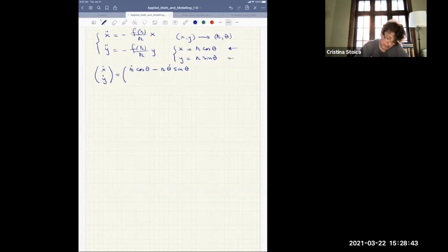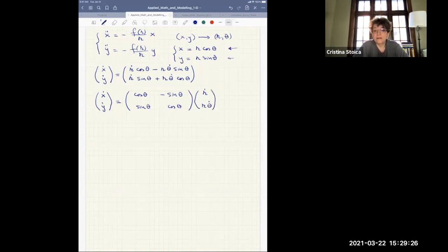What about y dot? This would be r dot sine theta, and now plus r theta dot cos theta. Or I could write it like this: the matrix cos theta, minus sine theta, sine theta, cos theta, times r dot and r theta dot.